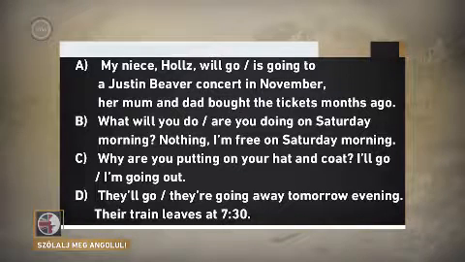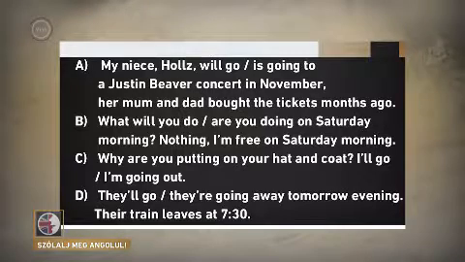Yes, that's right. Holly's mum and dad bought the tickets months ago. Which means, well, what does that mean? Yes, you're right. If they bought the tickets months ago, it can't be a spontaneous decision. It has to be a plan.